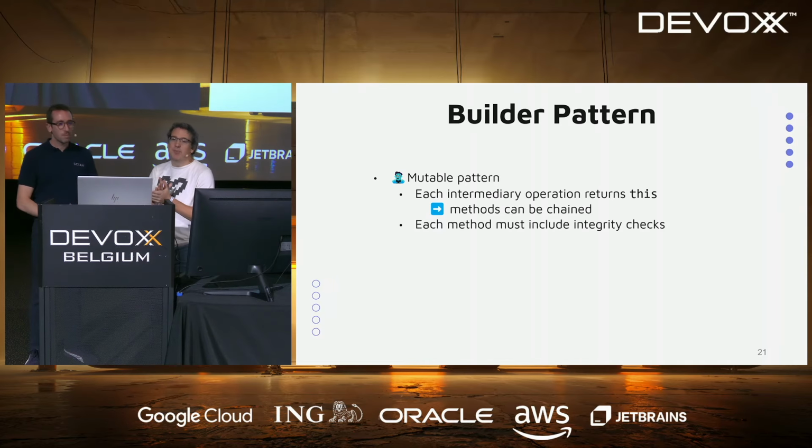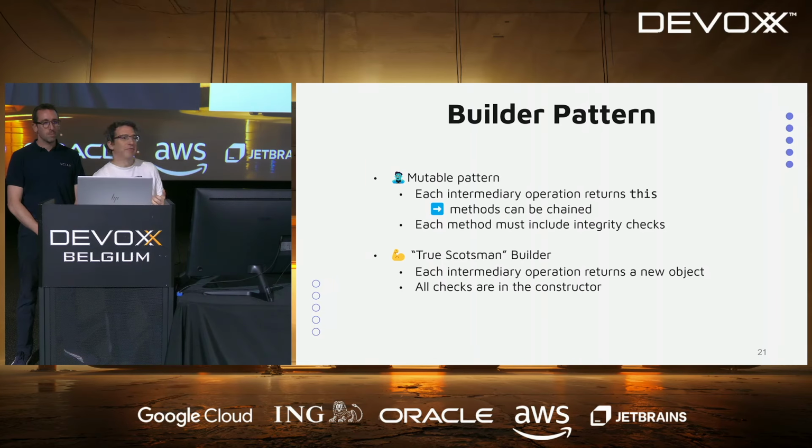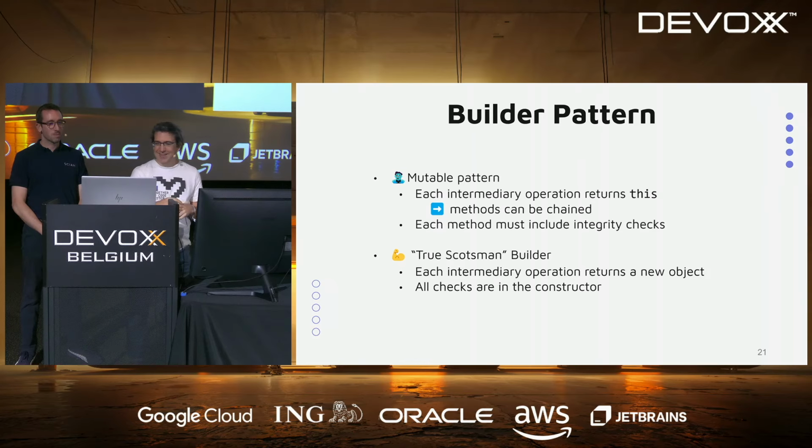It's a nice mutable pattern, but now that we have value types, we can create a true builder. That's basically the idea. Now that the cost of creating an object is basically 0, I can write a better builder.